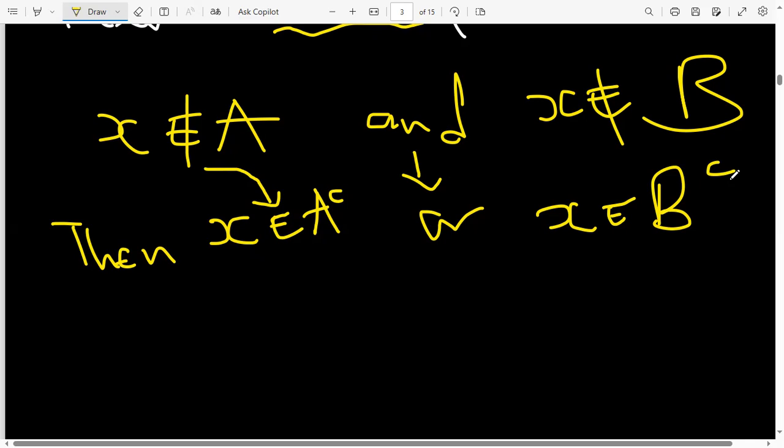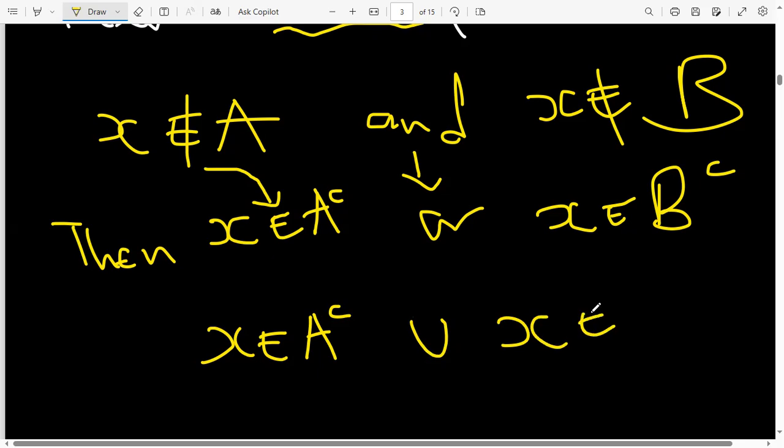This one here means we have X a member of A complement, and then this or here goes hand in hand with the union. So where there is or here, we can place the union. So we are going to say union, and then here we write the same, X is a member of B complement.